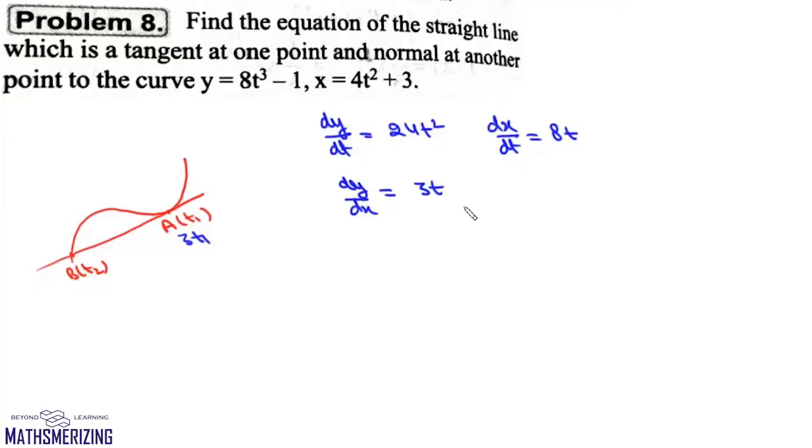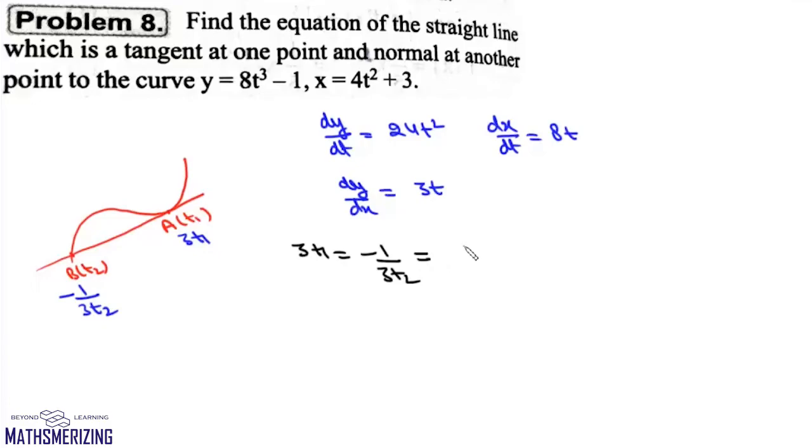Now slope of normal is minus dx upon dy. So slope of normal at B is minus 1 upon 3t2. And since we are talking about the same straight line, we get the condition that 3t1 must be equal to minus 1 upon 3t2 and equal to the slope of this line, which is (y2 minus y1) upon (x2 minus x1).